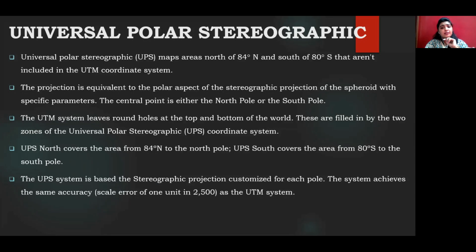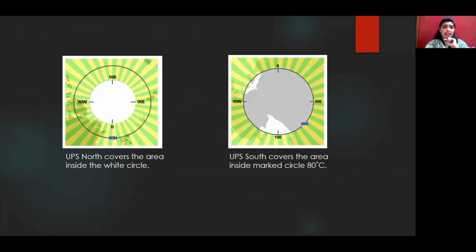The UPS system is based on the stereographic projection customized for each pole. The system achieves the same accuracy as that of the UTM system. So that's how the North Pole and the South Pole are depicted using the UPS projected coordinate system.